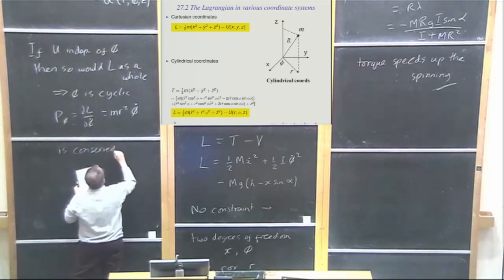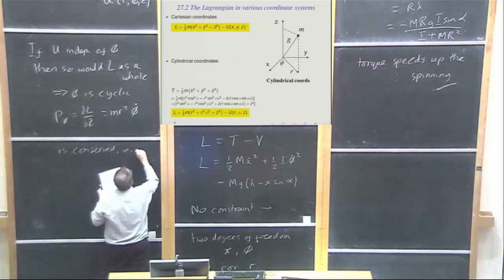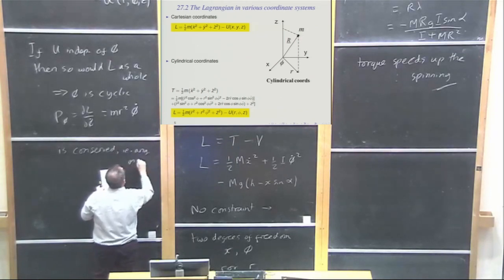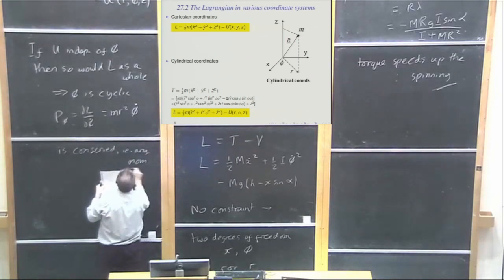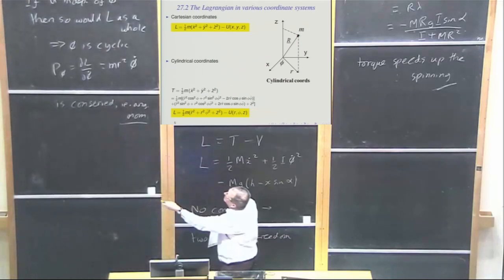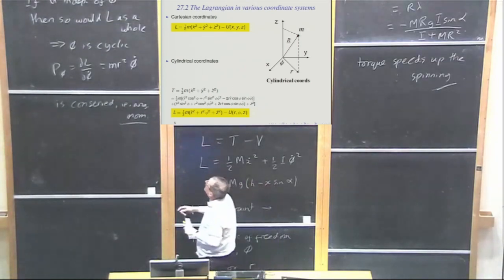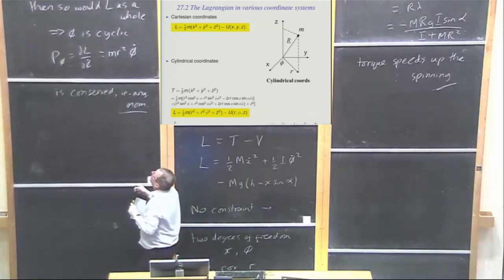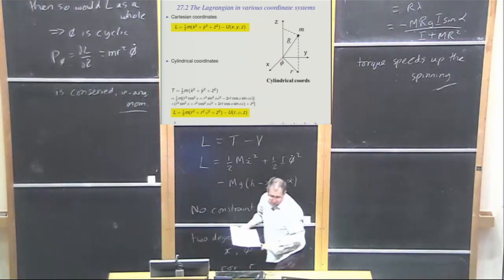And this is, of course, angular momentum. So we made this remark earlier. If you have this Lagrangian with a potential which doesn't depend on phi, then you would find that the angular momentum should be conserved.